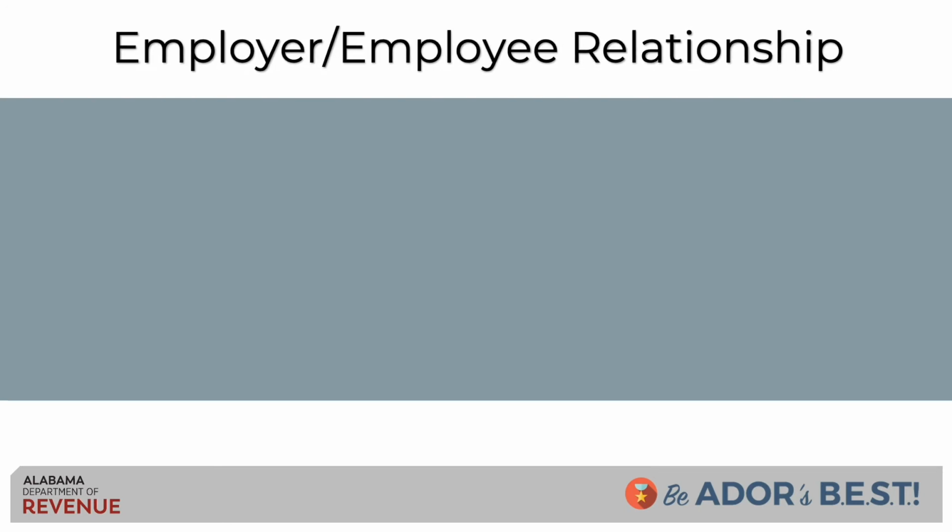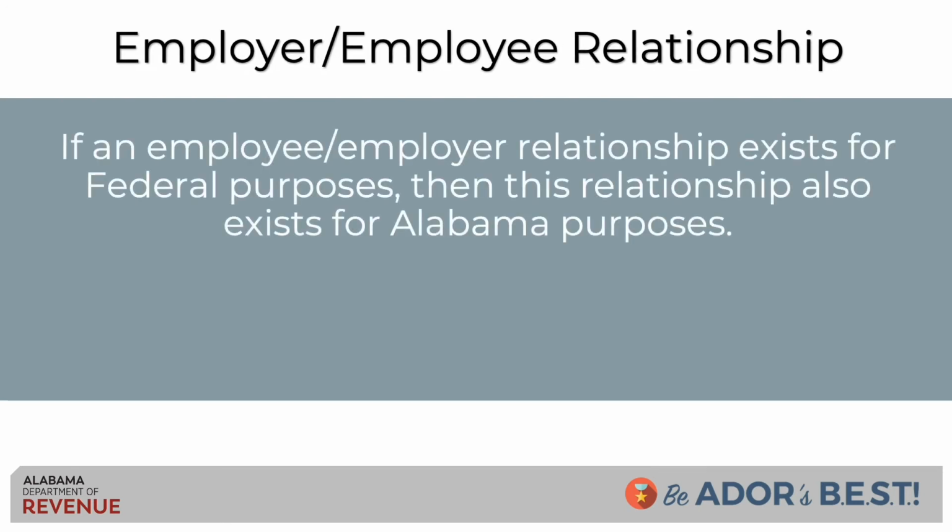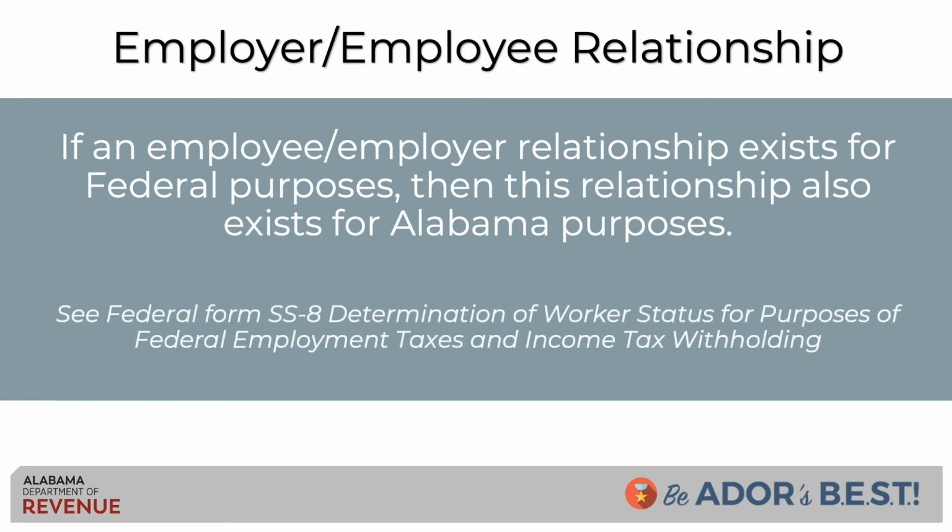Employer-employee relationship. If an employee-employer relationship exists for federal purposes, then this relationship also exists for Alabama purposes. See Federal Form SS-8, Determination of Worker Status for purposes of federal employment taxes and income tax withholding.